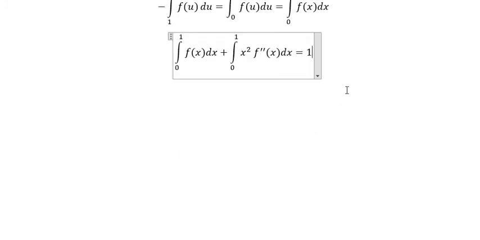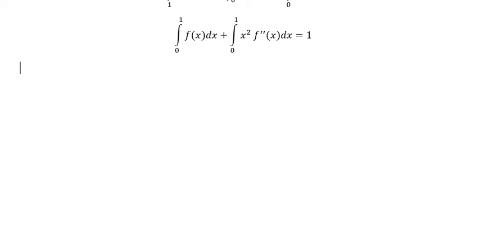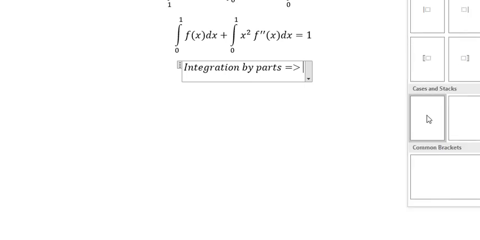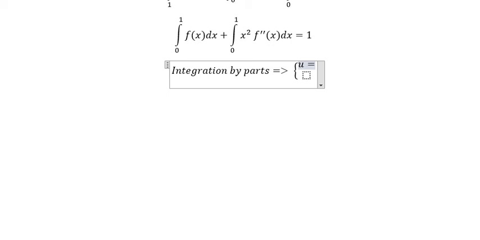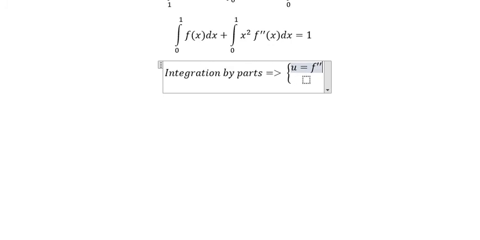Next, we need to use integration by parts. So we have u and dv. u equal to second derivative of f of s.